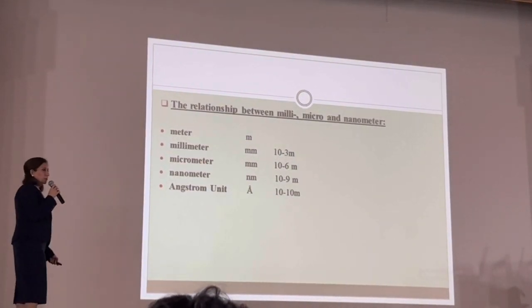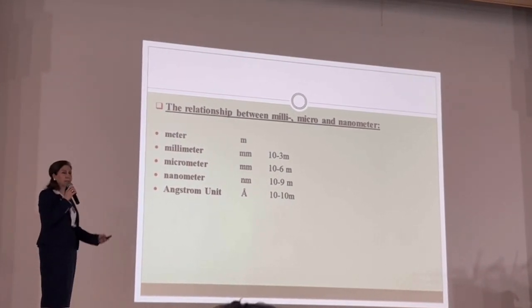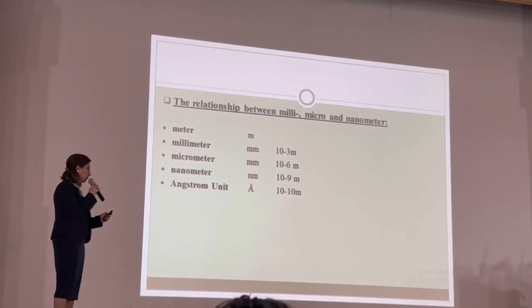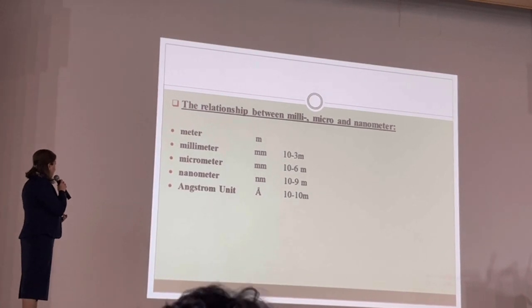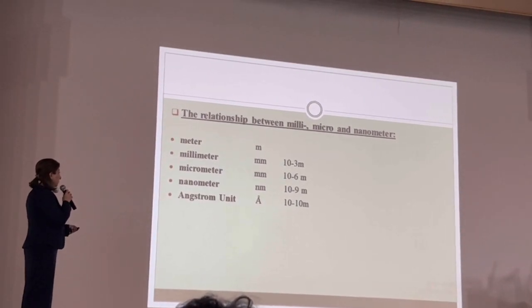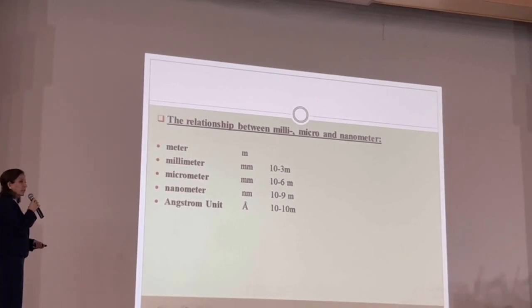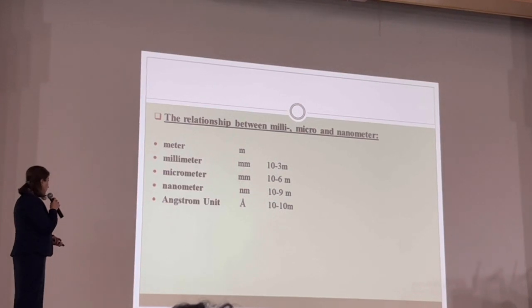Another term that you should know in detail before studying histology is the relationship between different measurements in the body. You have the meter, for example. You know, of course, the millimeter is equal to 10 raised to power minus 3 meter, while the micrometer equals 10 raised to power minus 6 meter.